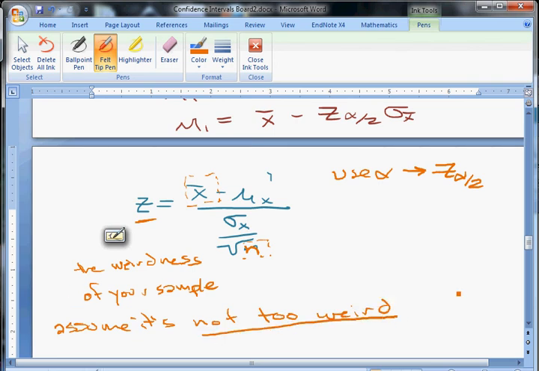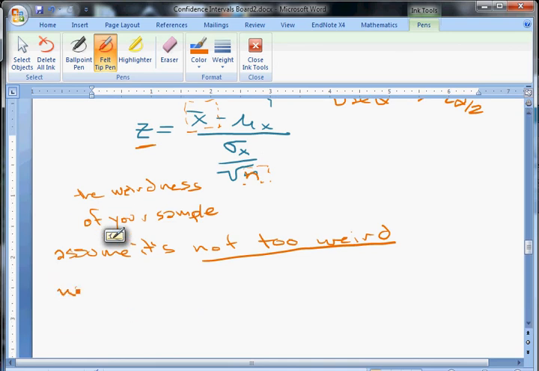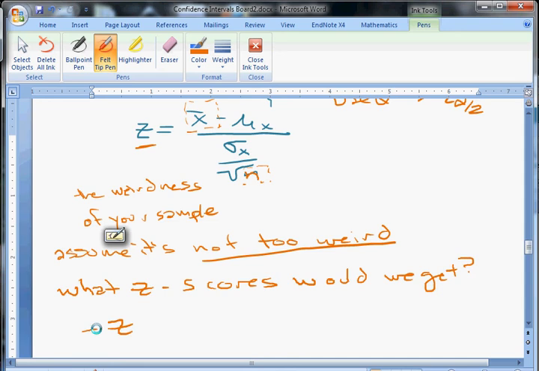What we can do then is we can say, well, what z-scores would we get? Well, we'd get negative z alpha over 2 and positive z alpha over 2, right? Those are the outside possibilities. That's our interval in terms of z-scores.